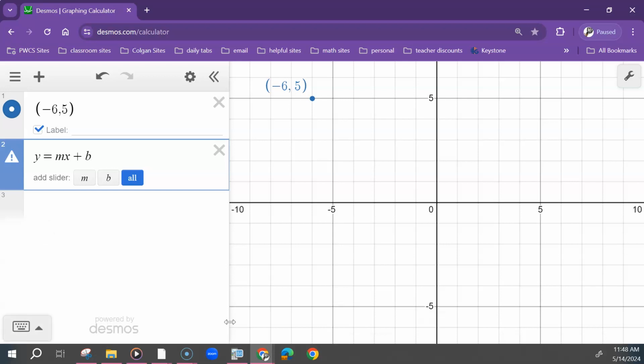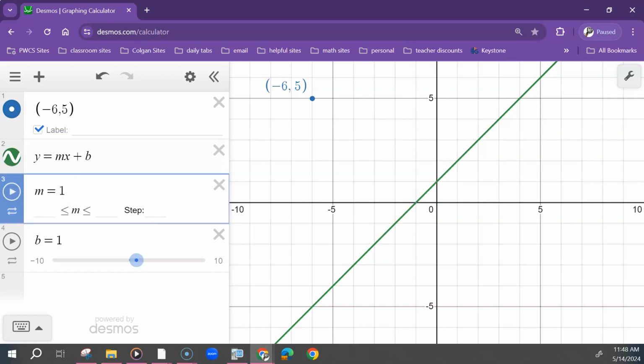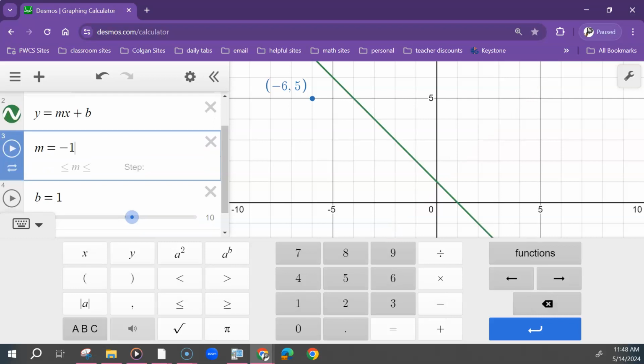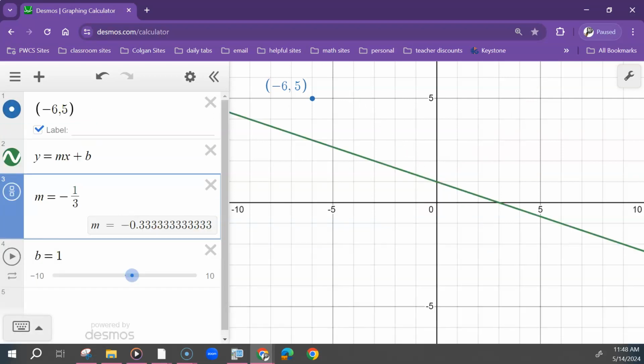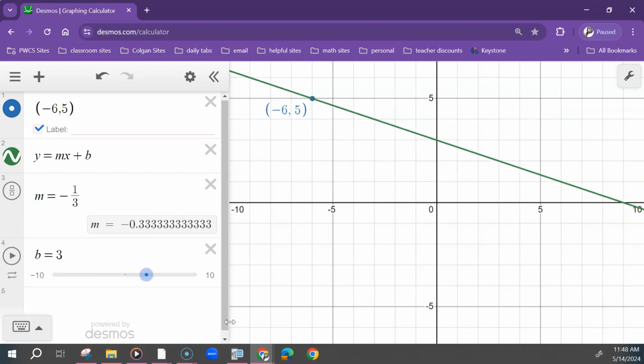Add in all your sliders. They tell us that the slope is negative 1/3, so change m to negative 1/3. And then move your b, either by hitting play or manually moving it until it goes through that point. So at 3, then your equation would be y equals negative 1/3 x plus 3.